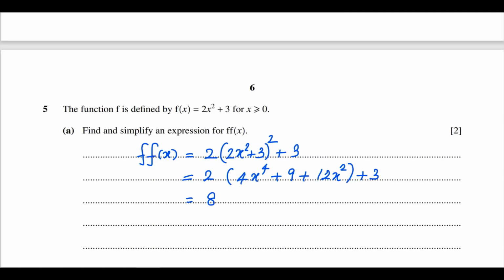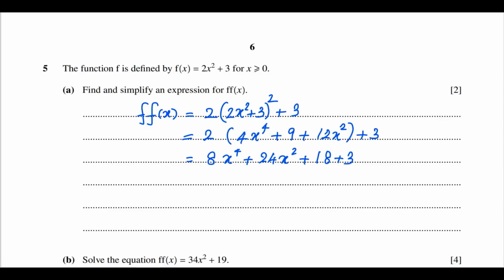So it gives 8x power 4 plus 24x square plus 18 plus 3. So f of f of x equal to 8x power 4 plus 24x square plus 21.